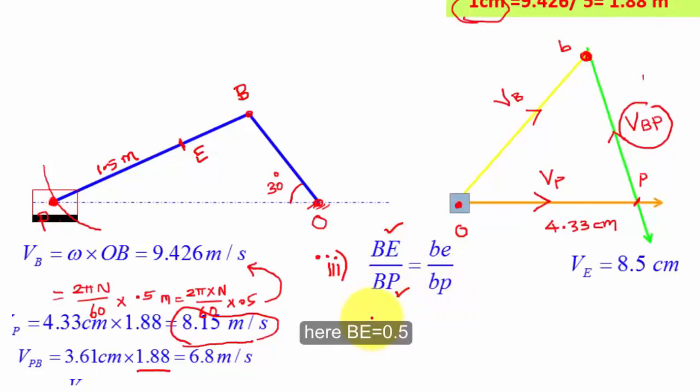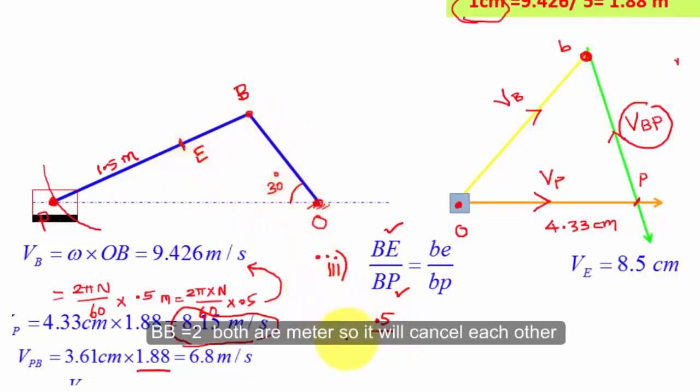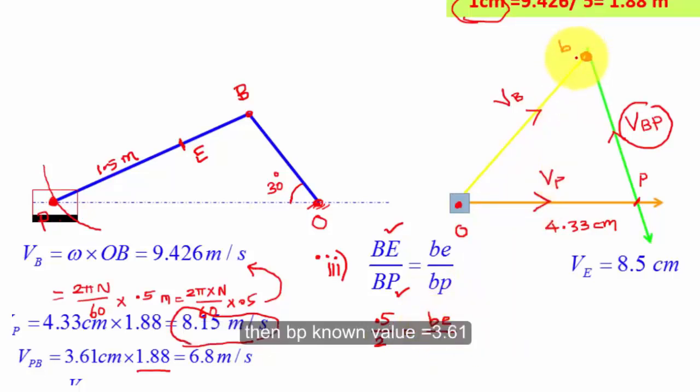Here BE value 0.5, BB value 2, both are in meter, so they will cancel each other. Then small be is unknown, which I have to find out. Then small bb known value 3.61. So I will get the be value in centimeter.